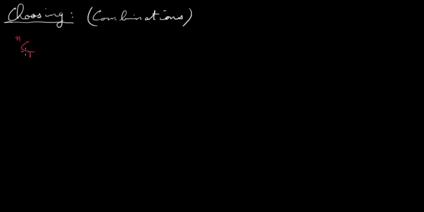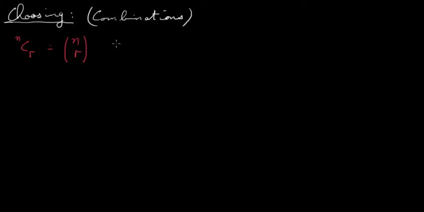So this would be choosing r from n number of things. You're choosing r number of things from n number of things. Another way of writing that would be n choose r. It may look like that on your calculator. You can use either, it doesn't really matter.